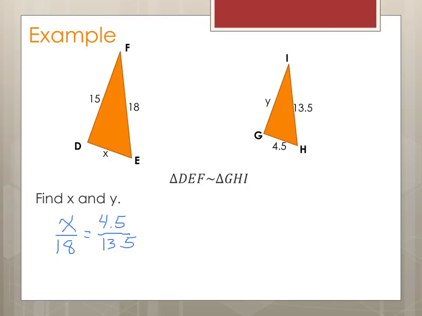We're going to start by taking the cross products of these two. So first here, 13.5 times x equals the other cross product, 18 times 4.5, which is 81. To finish solving, we're going to divide both sides by 13.5.